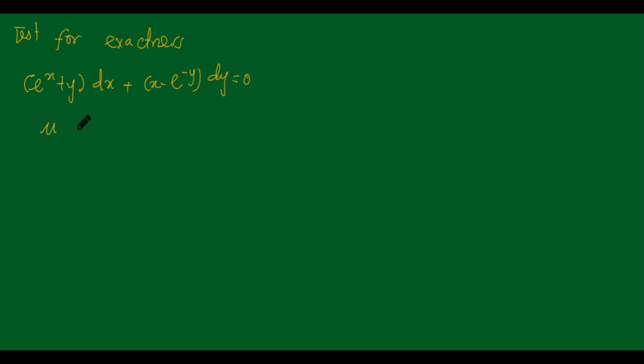So you can compare this with M dx plus N dy equal to 0. So we know that M is equal to e raised to the power of x plus y and N is equal to x minus e raised to the power of minus y.